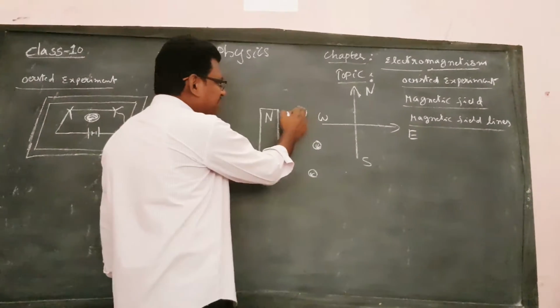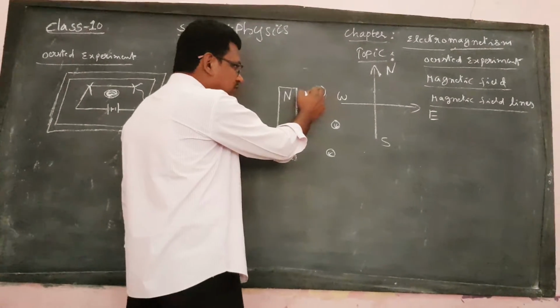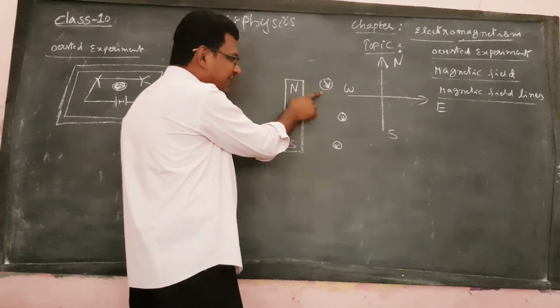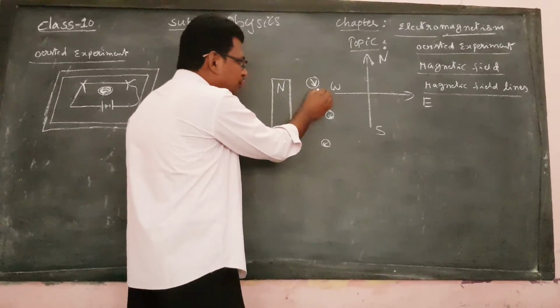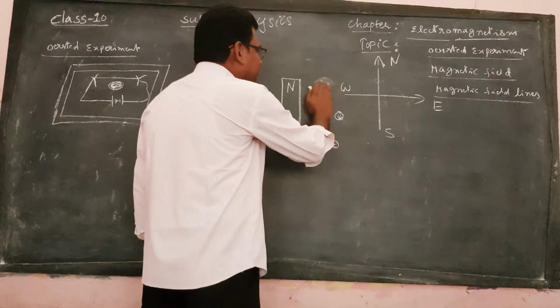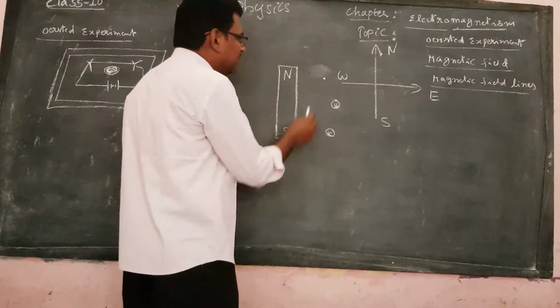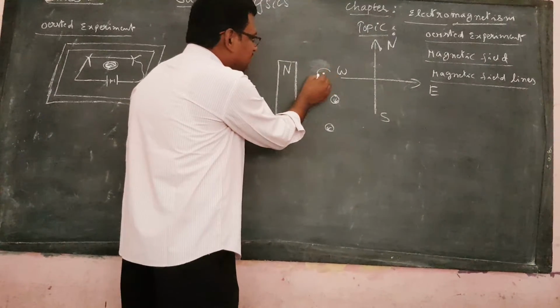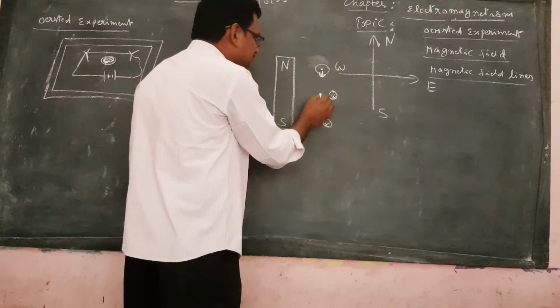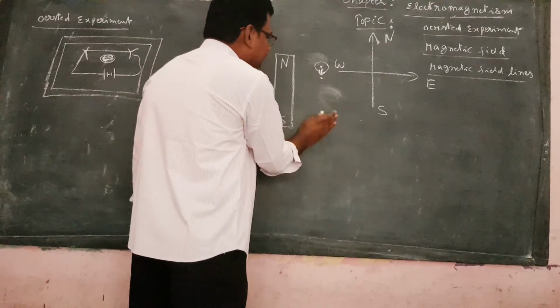Now, you take a compass box. The magnetic needle shows one direction, and you put one dot. Further, you remove the compass box from there and take it here. Here the magnetic needle shows one direction, so you put one arrow mark.